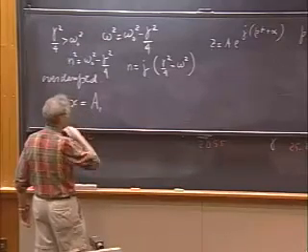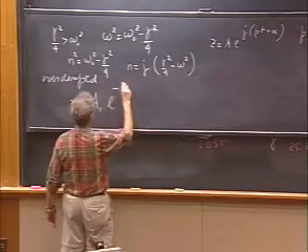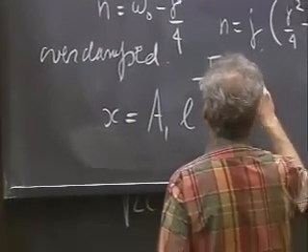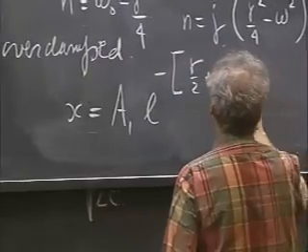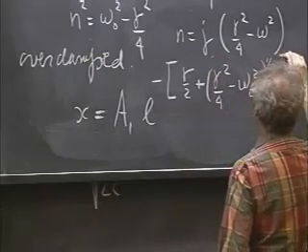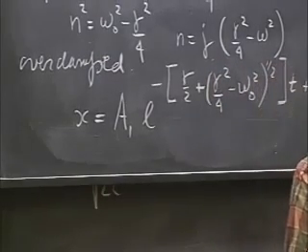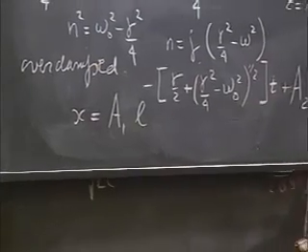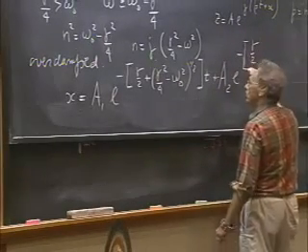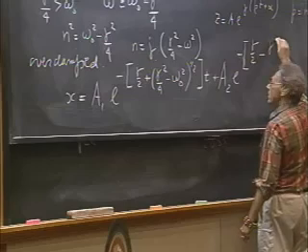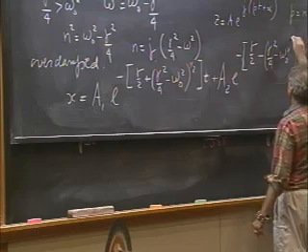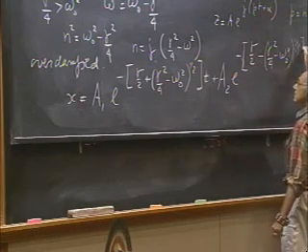A1, it's determined by the initial conditions, e to the minus, and now we get gamma over 2 plus gamma squared over 4 minus omega 0 squared to the power 1/2 times t plus a2 times e to the minus gamma over 2 minus gamma squared over 4 minus omega 0 squared to the power 1/2 times t.